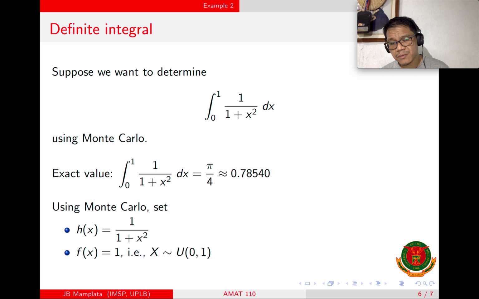After mo makakuha ng several values of x na galing sa uniform distribution, ipo-plug in mo yon sa h of x. Then after mo makuha yung several values of h of x, determine the average of h of x. Again, mas effective ang Monte Carlo simulation kapag maraming beses mong gagawin yung experiment.